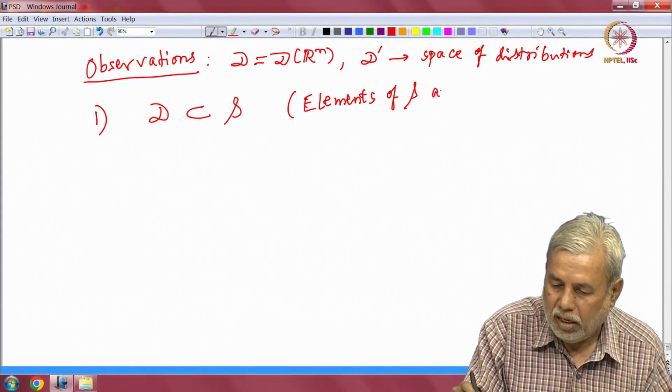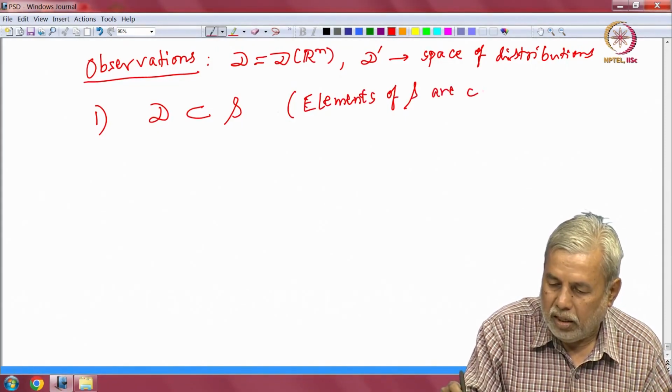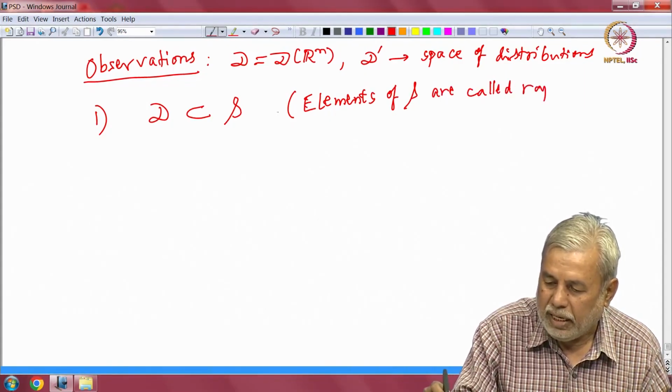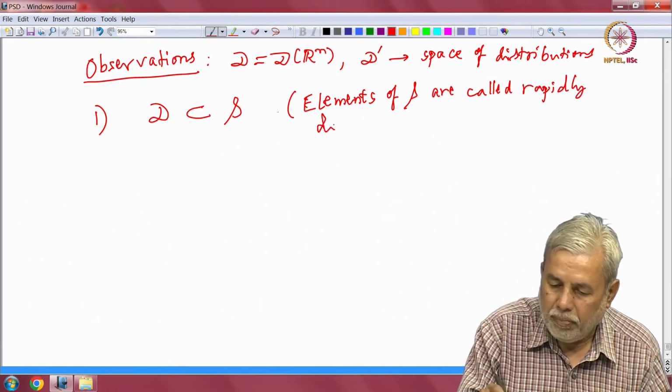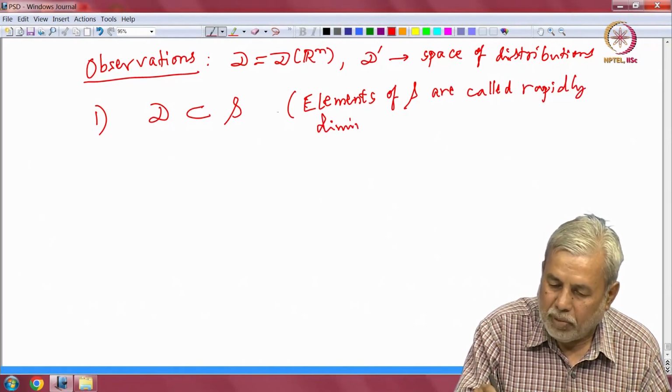Sometimes the elements of S are called rapidly diminishing functions, and some authors also use decreasing.